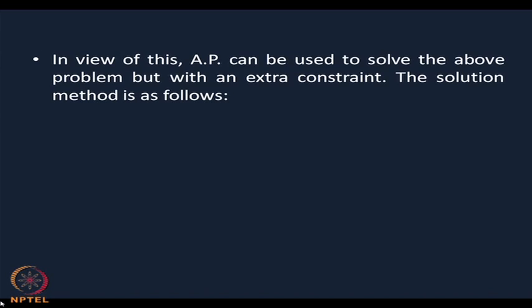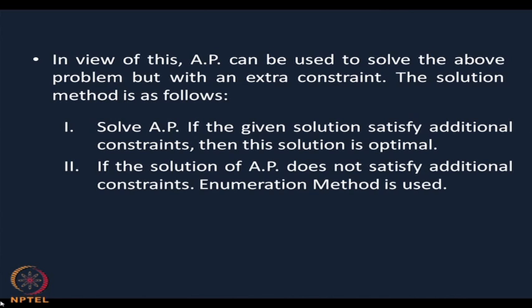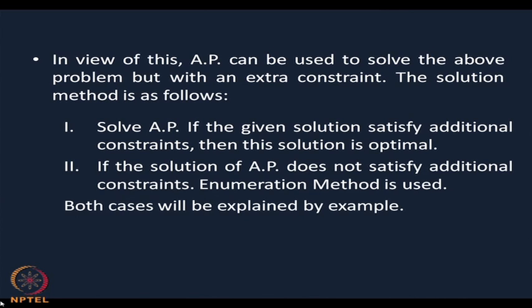In view of this, the assignment problem can be used to solve the above problem with an extra constraint that we will see. The solution method will be something like this: I have to solve the assignment problem. We know how to solve an assignment problem. If the given solution satisfies the additional constraint of the traveling salesman problem, then this solution is optimum.